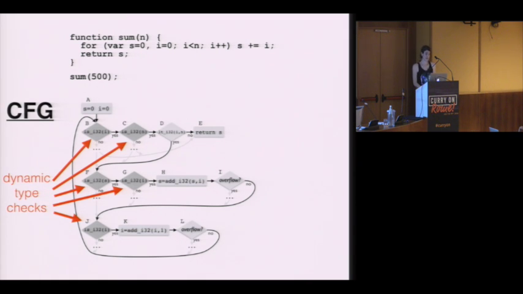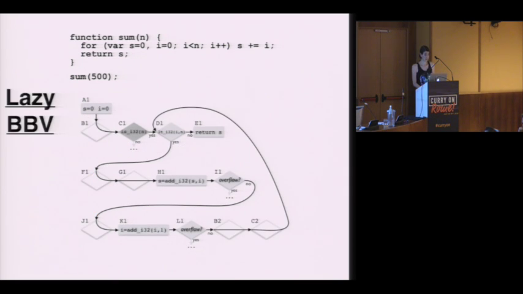What we can achieve with lazy basic block versioning essentially is, on the fly, we can hoist the type check on n outside of the loop body, and then when we call sum of 500, we will check that n is an integer, and afterwards we will stay inside of this optimized loop body where there are no type checks. So we check the type of n when entering the function only once.